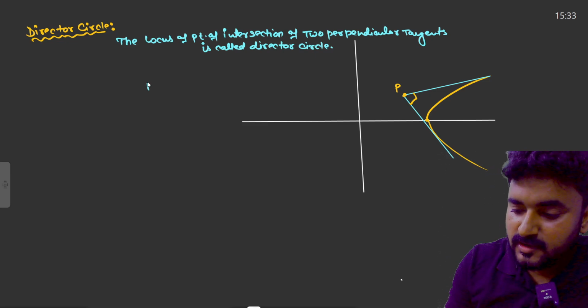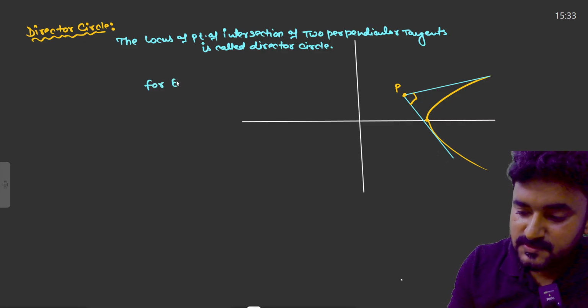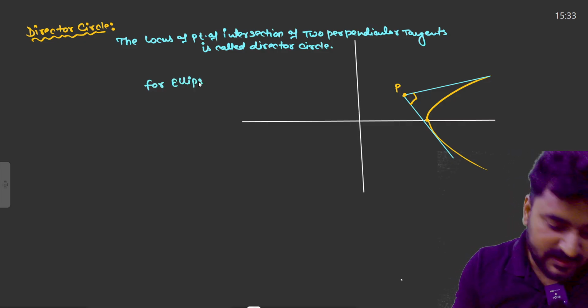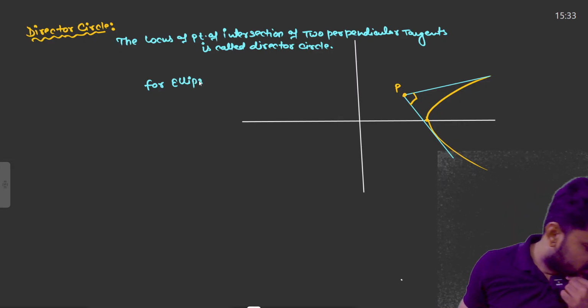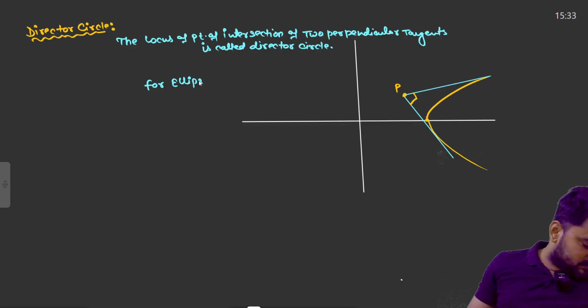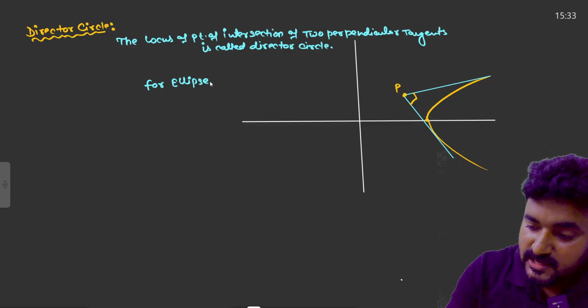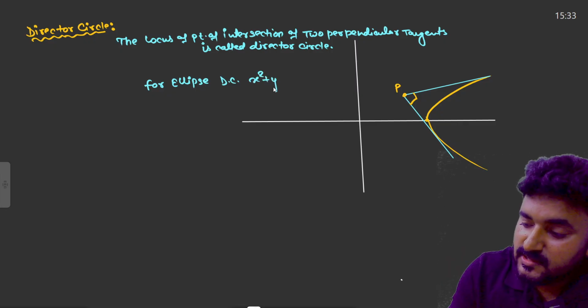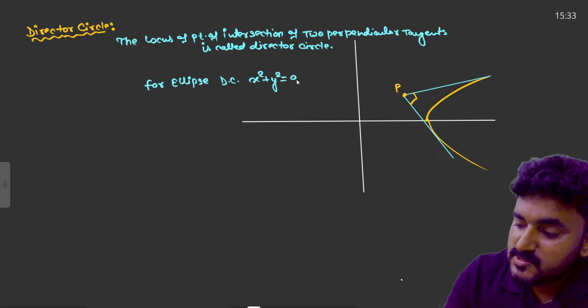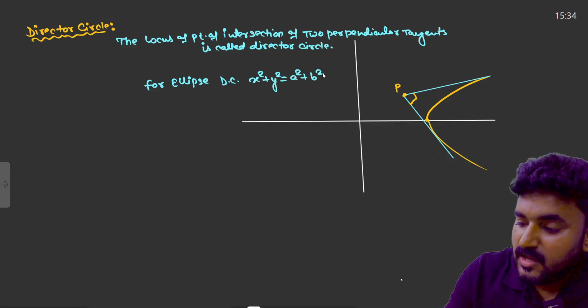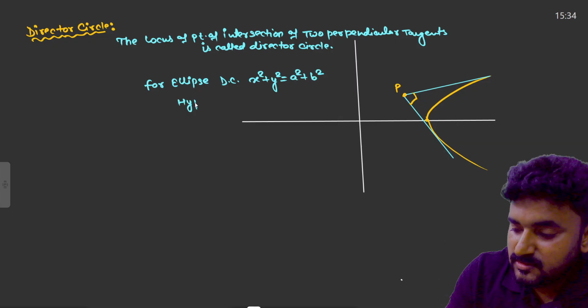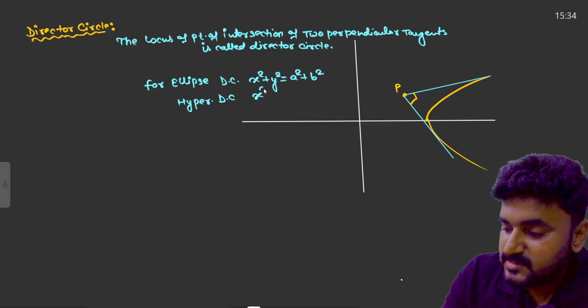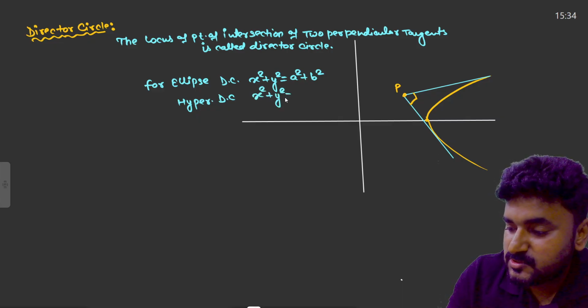You know for the ellipse, what is the director circle? For the ellipse the director circle is x square plus y square equals a square plus b square, and for the hyperbola the director circle will be x square plus y square equals a square minus b square.